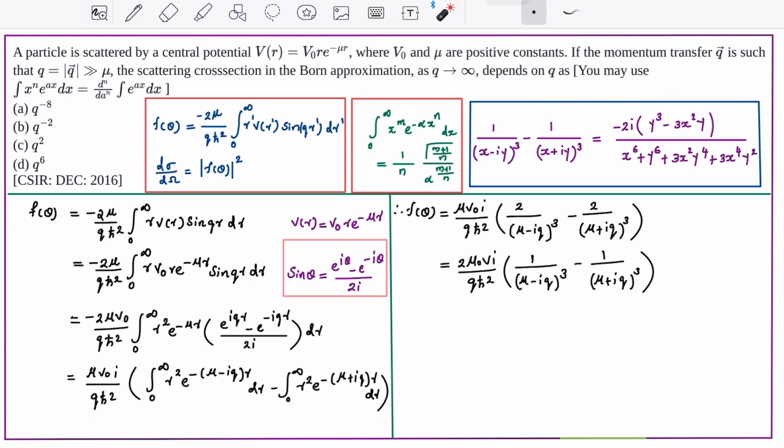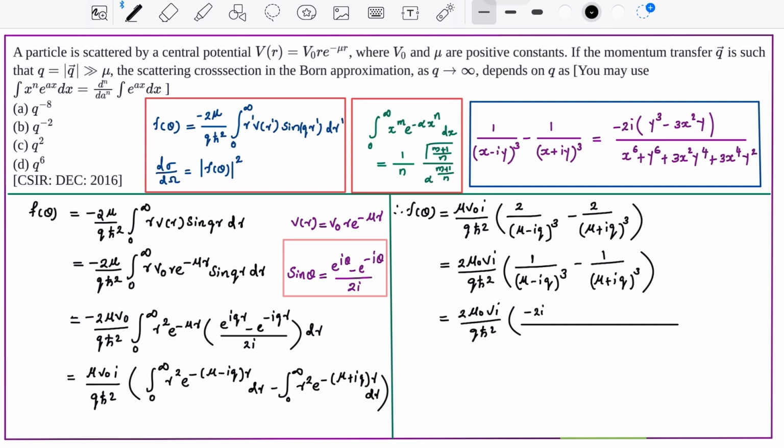Now we have the quantity inside the bracket in the form 1 by x minus iy whole cube minus 1 by x plus iy whole cube. So use the result given above. We have f of theta becomes 2 mu V0 i divided by q h bar square.